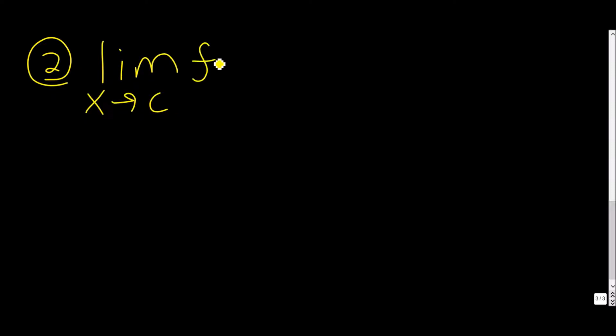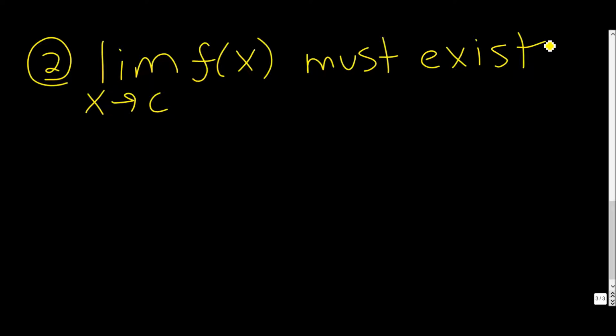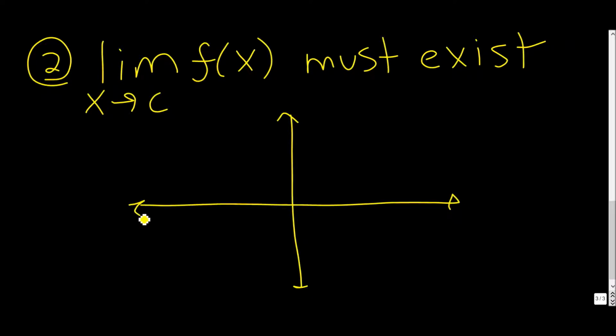Number two, the limit as x approaches c of f of x must exist. Think about what that means. If the limit has to exist, then when we approach some number c, we have to have the function approaching the same place.